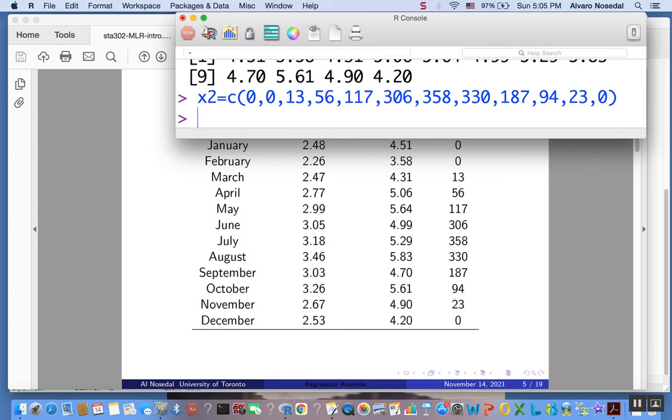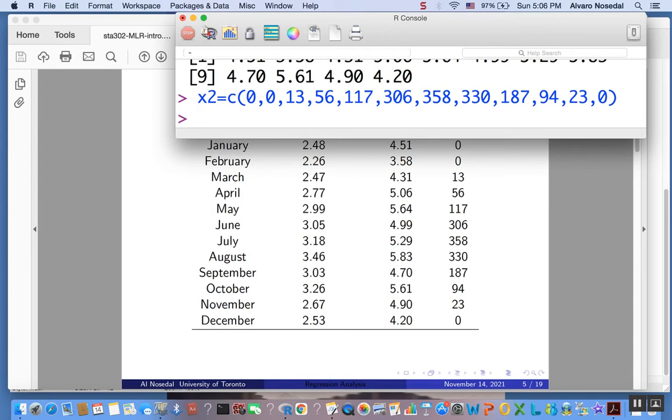So again, the purpose here in this video is seeing if our matrix expressions, if our theory is going to help us get the same results that we would get using built-in functions that R uses. Okay?